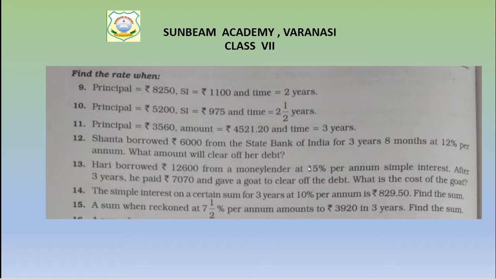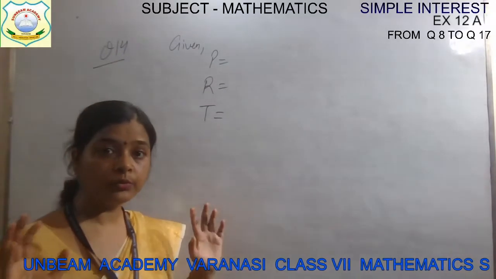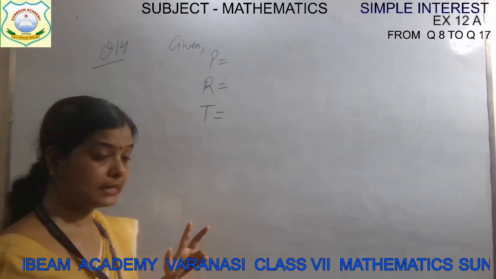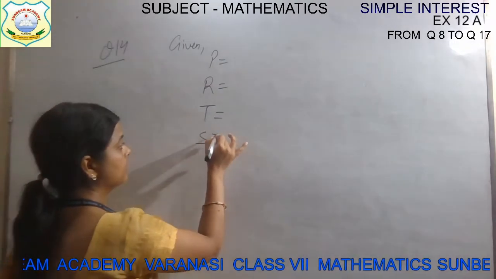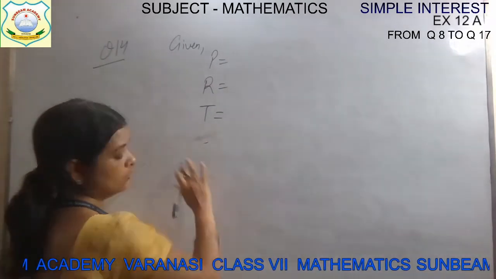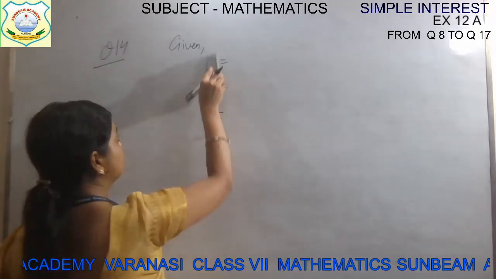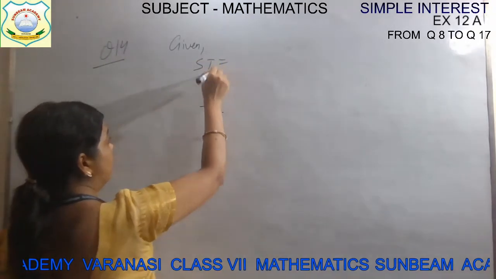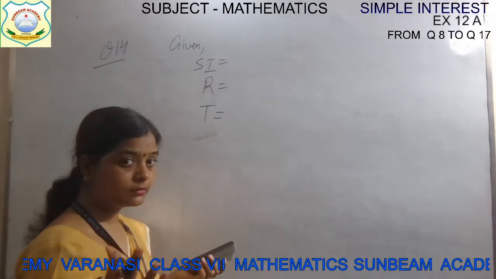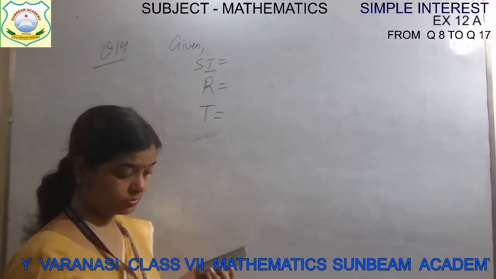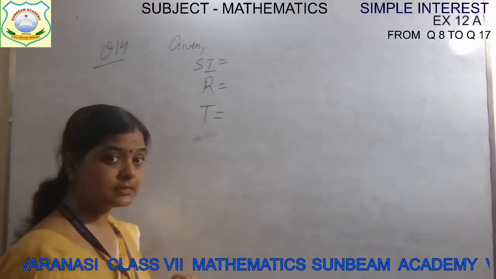The simple interest on a certain sum for 3 years. Simple interest is given, children. On a certain sum, we don't know that value. But they are saying the simple interest, किसी रुपए पे कुछ values पर simple interest is how much?